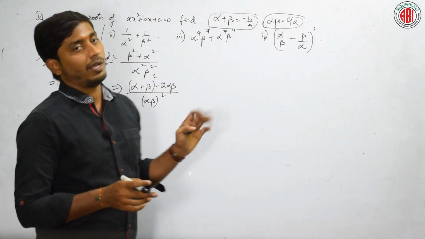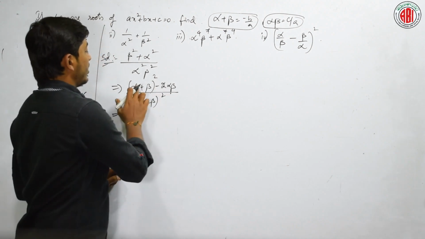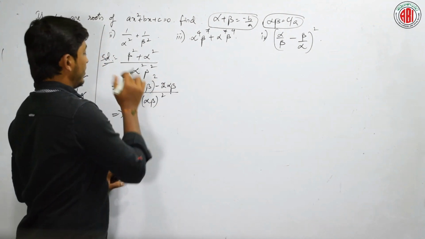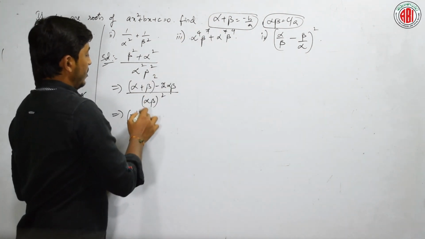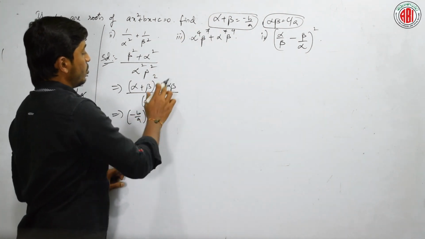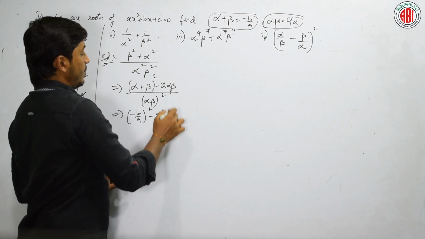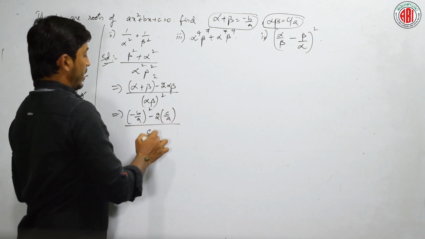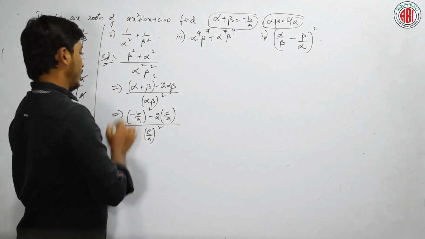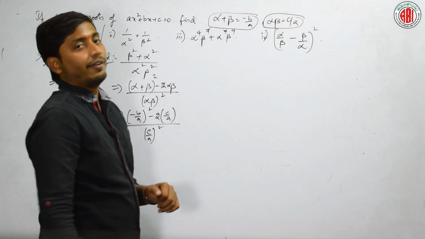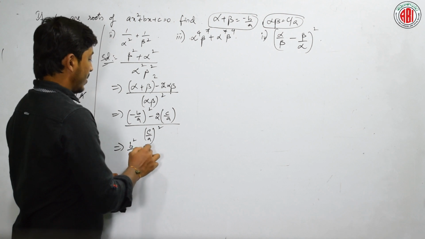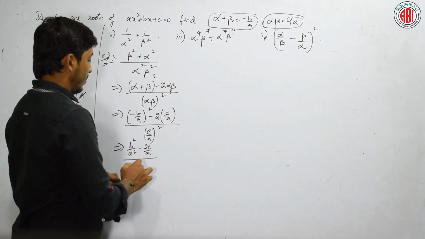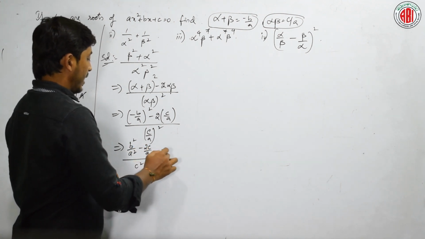So, I can write a square plus b square as (a plus b) whole square minus 2ab. Just remember that formula. Now let us substitute alpha and beta in this expression. What is alpha plus beta? Minus b by a, whole square, minus 2 into alpha beta, which is c by a. Again, in the denominator, alpha beta is c by a, whole square. Okay. So here it is b square by a square minus 2c by a, divided by c square by a square.